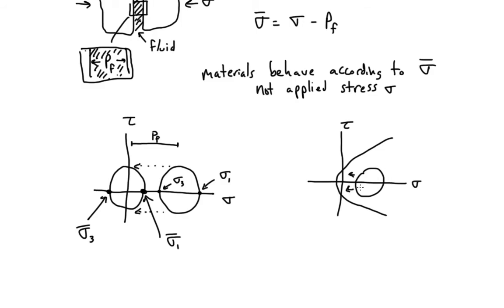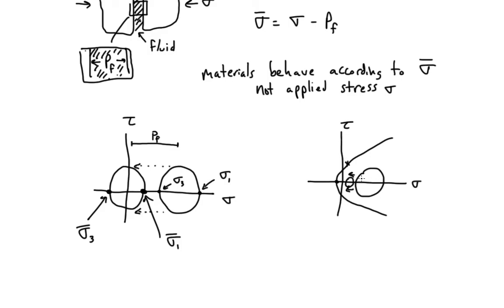It doesn't change its diameter, it just moves over, and then it will hit the fracture envelope and break. And depending on the size of the Mohr circle, this one might actually hit up here and make a shear fracture. But if it was a smaller circle, it's going to come right over here and hit at 2 theta equals 180 degrees.